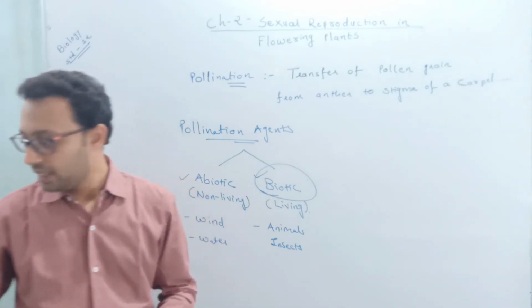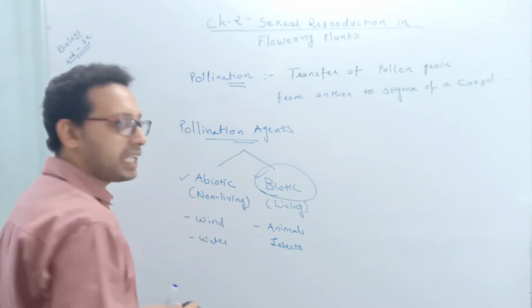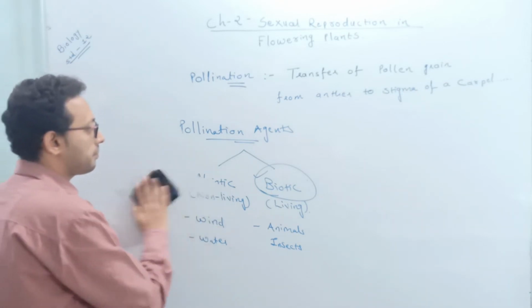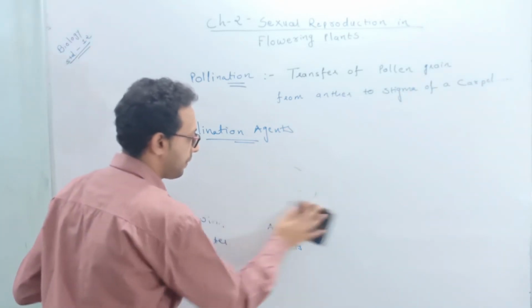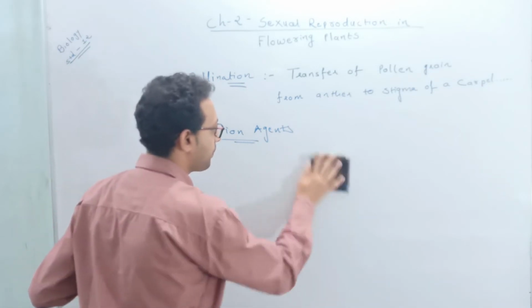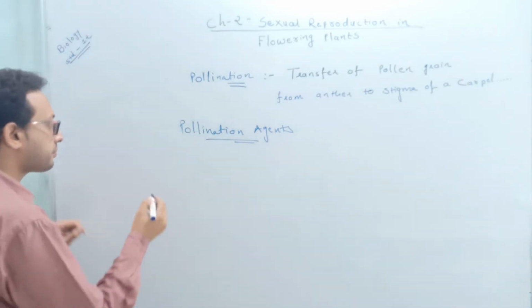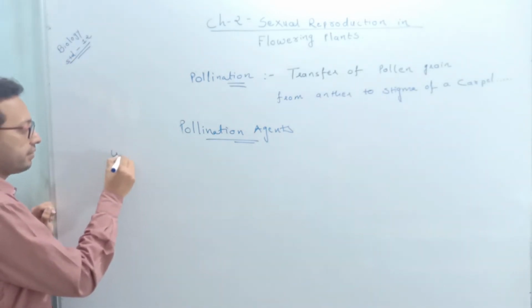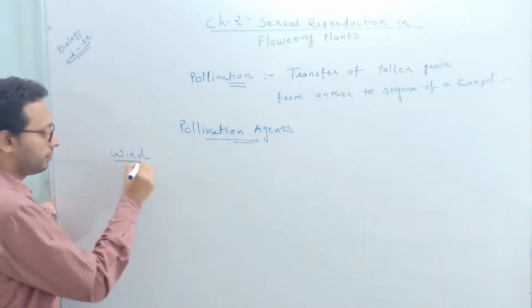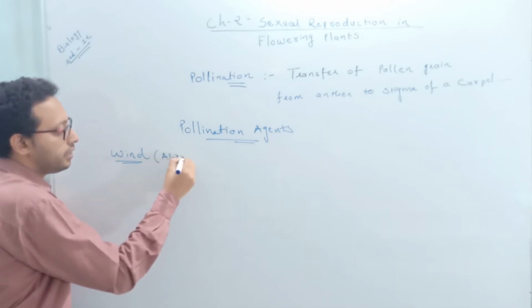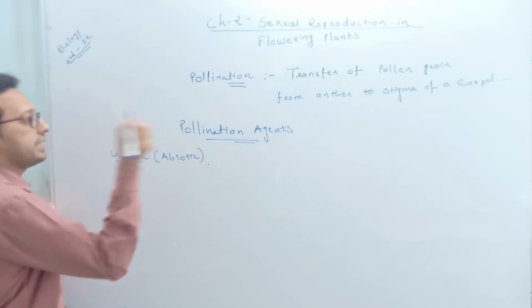Let's start with abiotic pollination agents. And abiotic includes what? Water and wind. First is wind. You know that wind is an abiotic pollination agent.